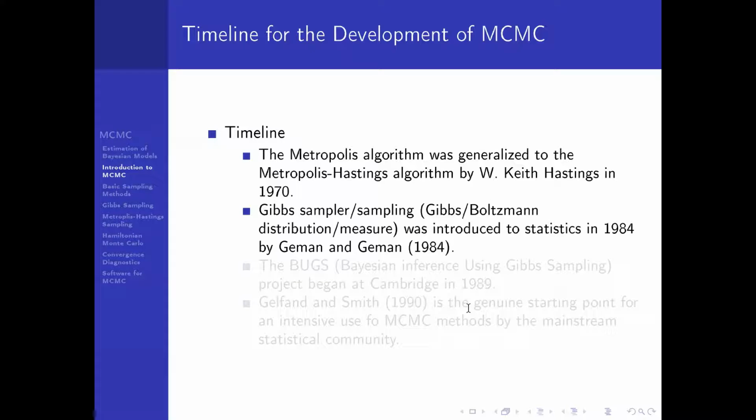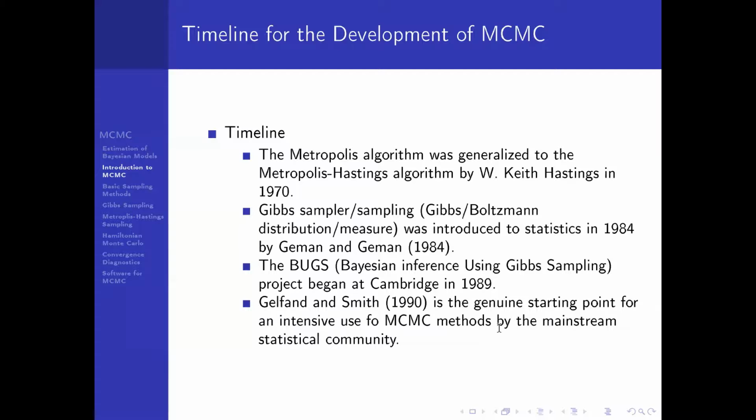Then Gibbs sampling was introduced to statistics in 1984 by Geman and Geman. The BUGS project, which stands for Bayesian inference Using Gibbs Sampling, to implement MCMC methods using computer software, began at Cambridge, United Kingdom, in 1989.